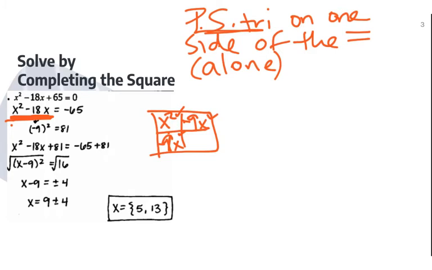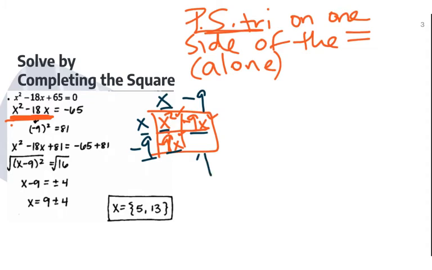All right, so when I'm doing my perfect square, remember I need to have the same exact identical thing on the top and the side. So x times x gives me x squared, and now x times negative 9 will give me negative 9x. Same thing down here. Negative 9 times x gives me this negative 9x.